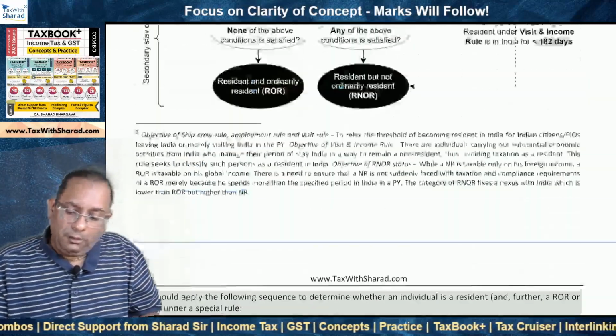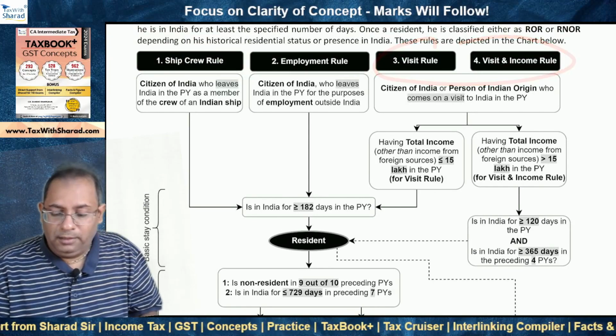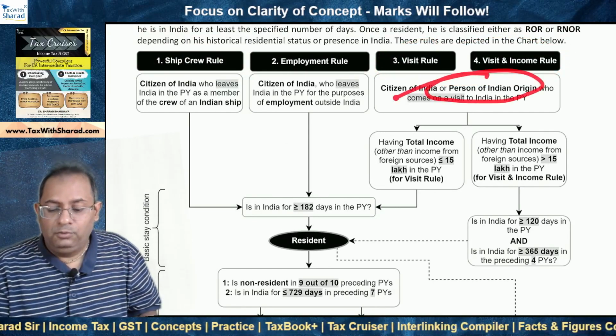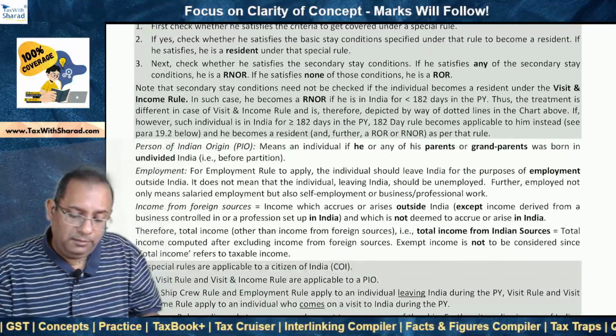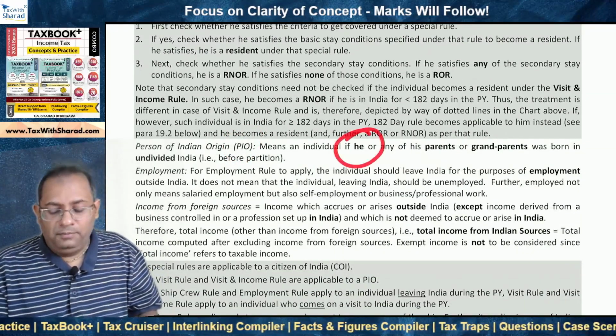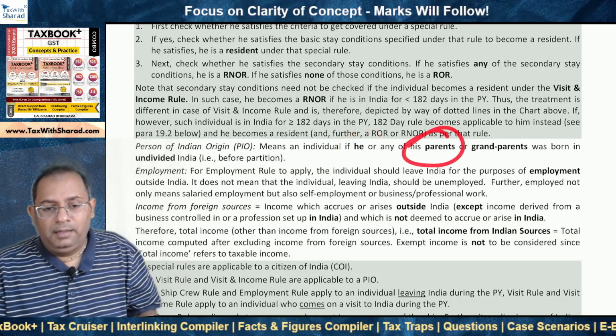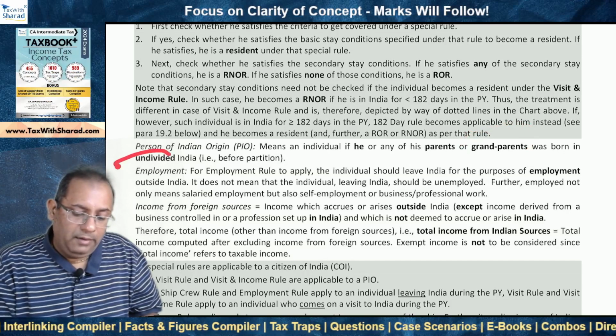Okay. Now for visit and income rule, we saw that this rule is also applicable to a PIO, person of Indian origin. So what is a person of Indian origin? PIO means an individual, if he or any of his parents or grandparents was born in undivided India.